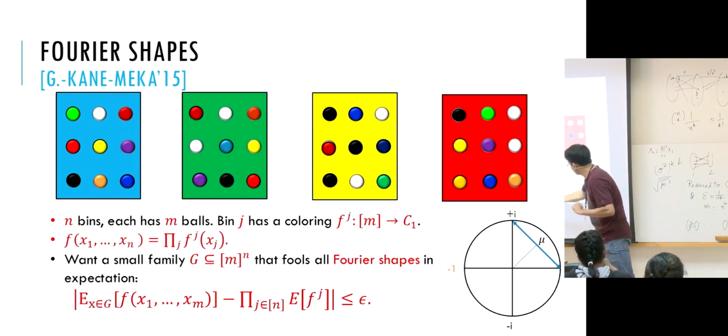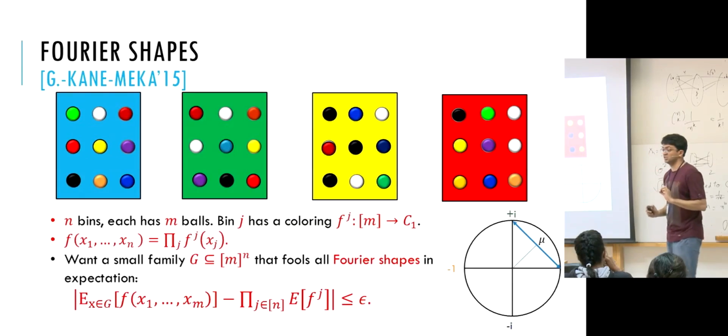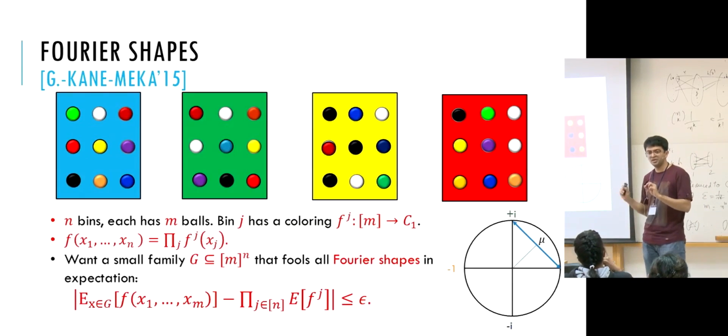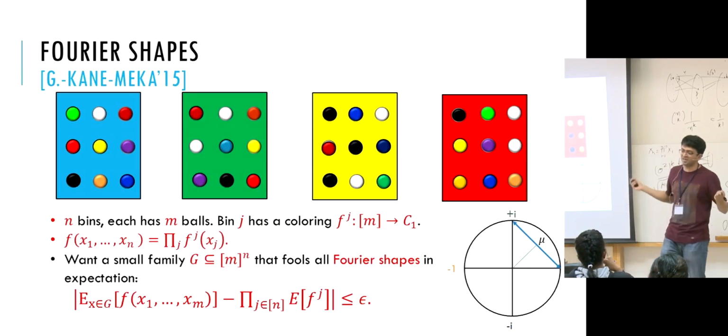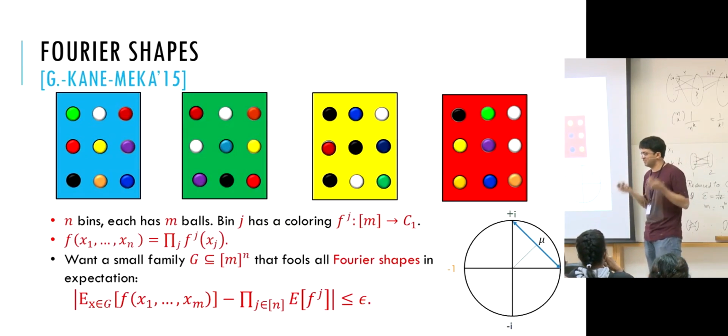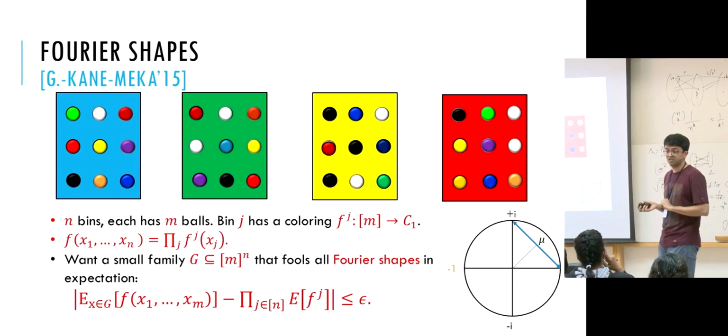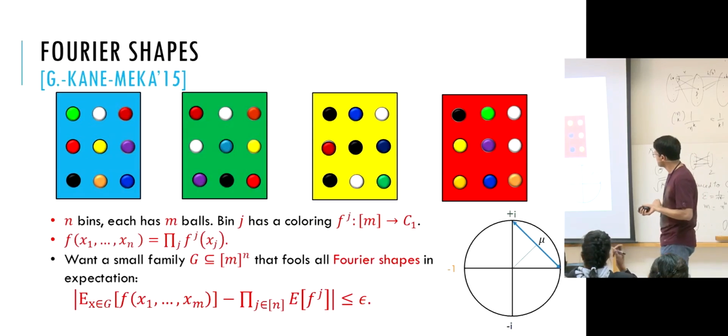Now, I just want that these expectations should be close to each other. I'm not asking you to get the distribution right. When we were doing this over 0, 1, there was no difference. When you're doing it in the unit complex plane, there is a huge difference, right? Like just think of all the ways you can get expectation 0 in the unit complex plane. There's a lot of ways to do it. But this is the right definition that we want to be working with.